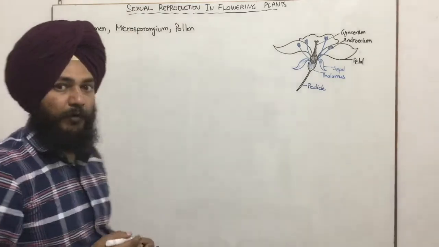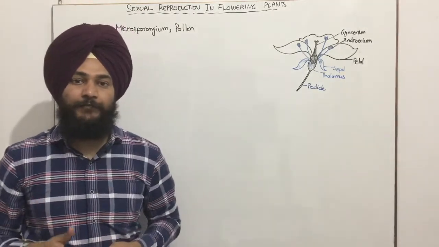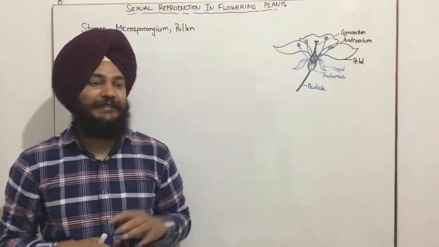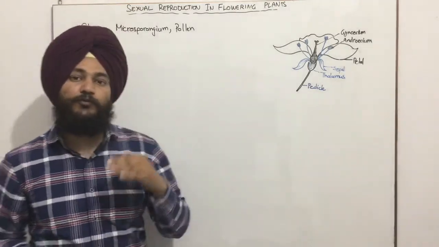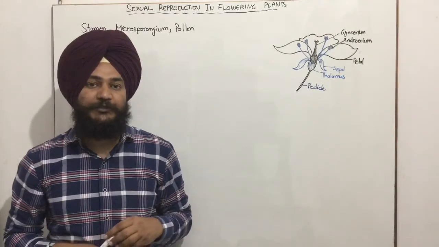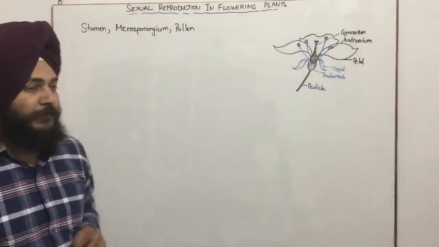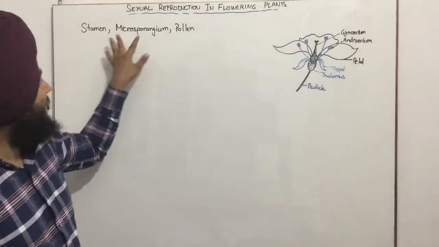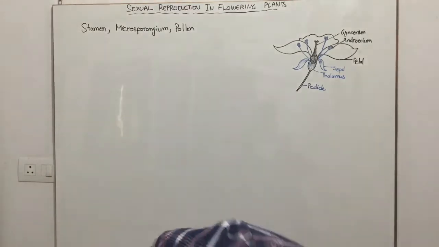We will take up all three one by one, and during this process we will also discuss the development of the male gametes, that is, microsporogenesis. So first we will take up the structure of the stamen, and then the other two.